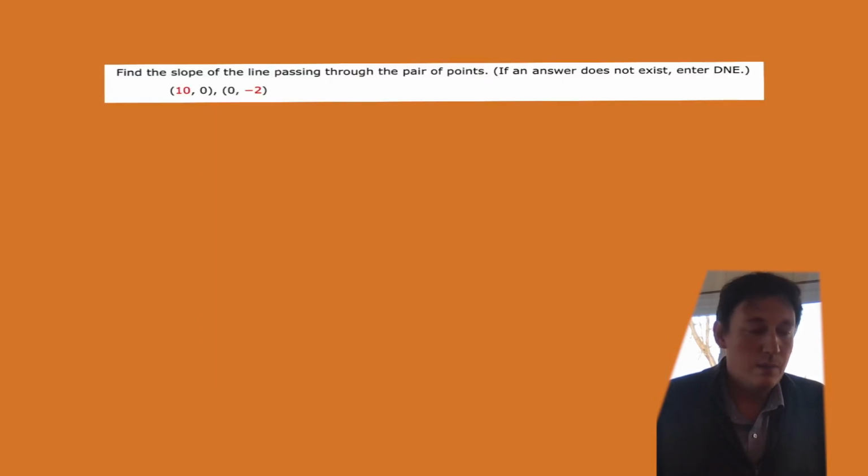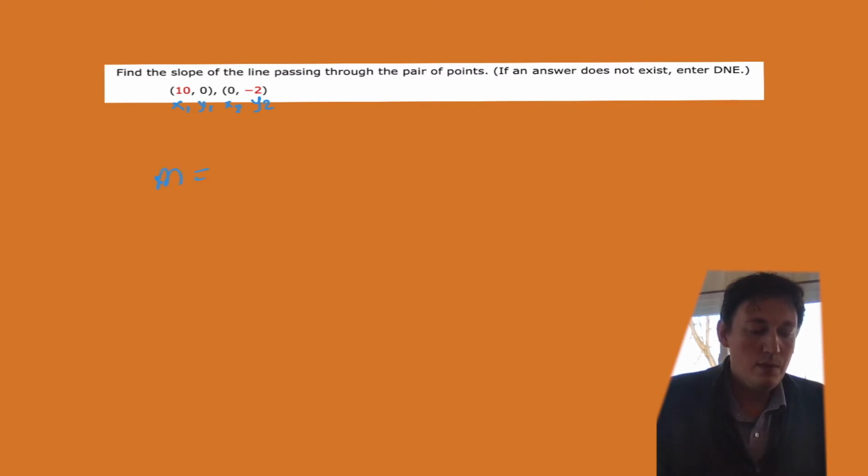In the next example, you're asked to find the slope of a line that passes through a pair of points. So you have 2 points. You have 10, 0, you have 0, -2. What you want to do first is name those 2 points, x1, y1, and x2, y2. Now it doesn't matter which one you make x1, y1 and which one you make x2, y2. Either way is going to give you the correct answer.